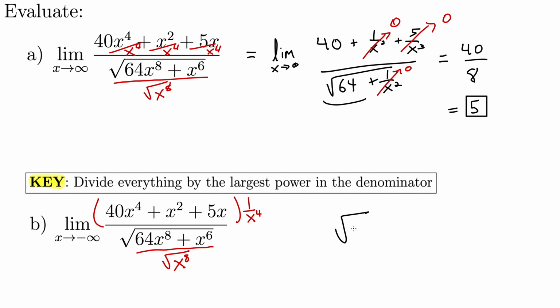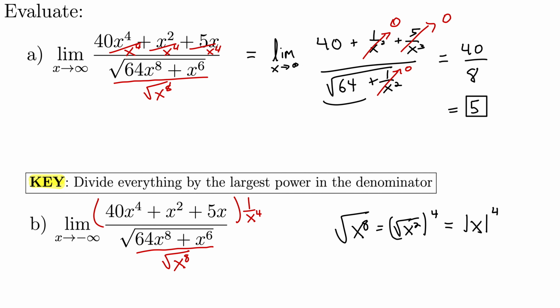Square root of x to the eighth can be thought of as square root of x squared to the fourth. Square root of x squared, all raised to the power of 4. Right? Those are the properties of exponents. Well, the square root of x squared is the same thing as absolute value of x. So we have absolute value of x to the fourth.